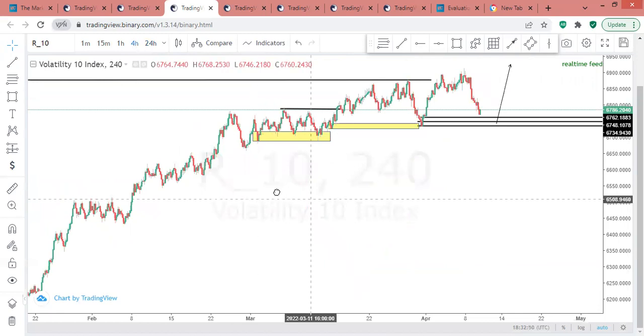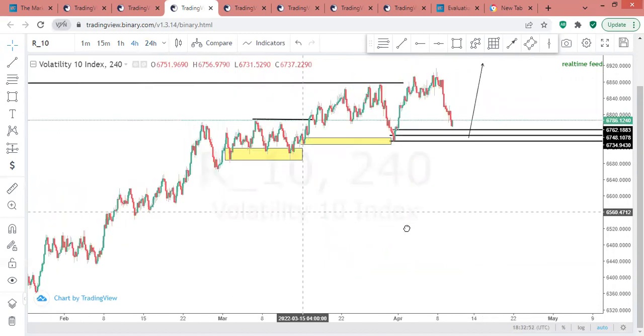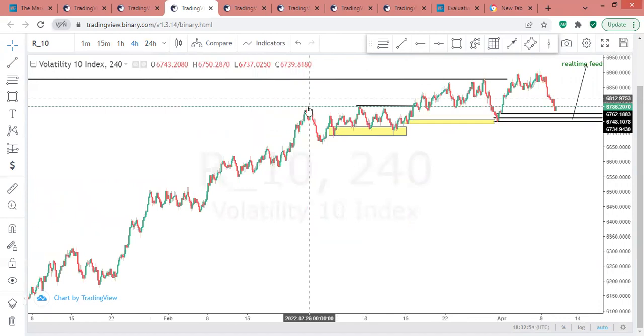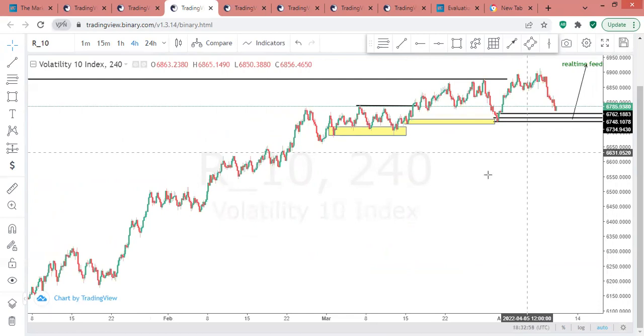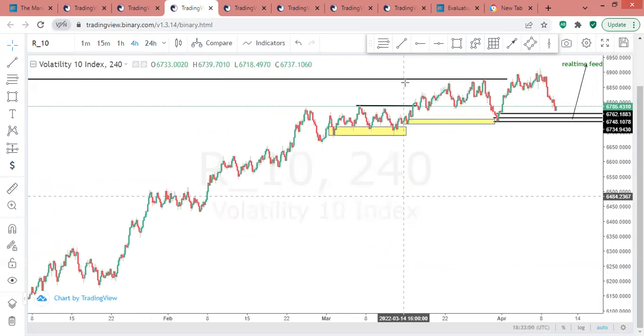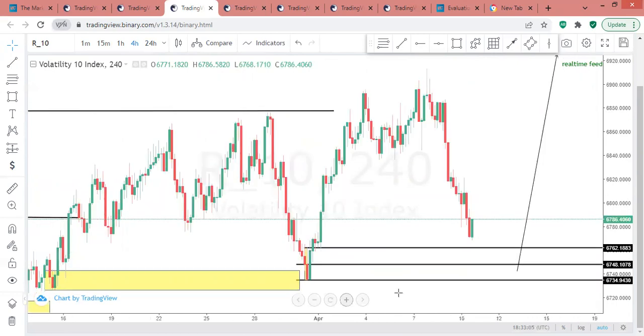You see price is actively creating higher high, higher low, higher high, higher low. Look, the structure has been broken. So what am I looking at? Let me zoom out for you to see, guys. Okay, break of structure and price is returning here.